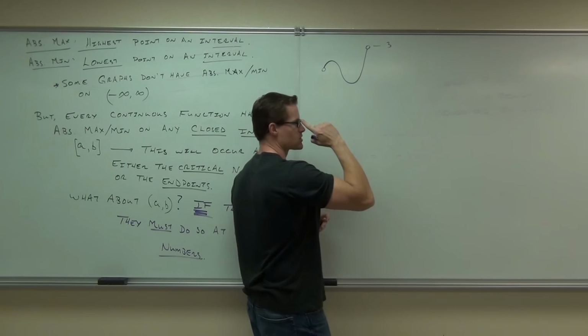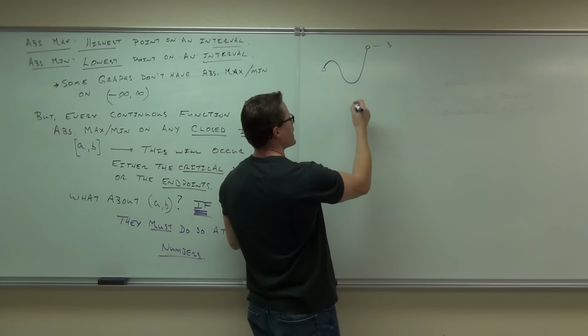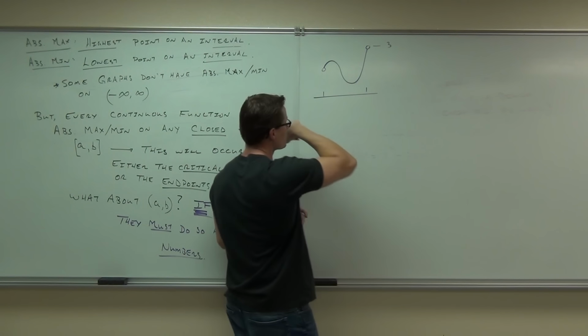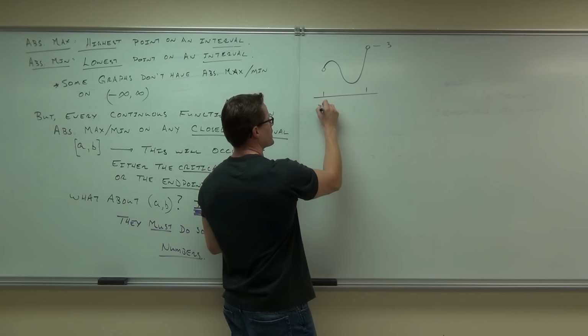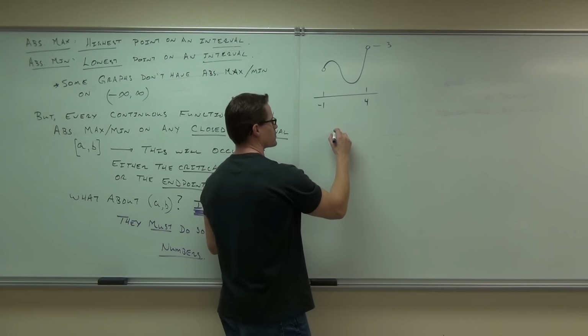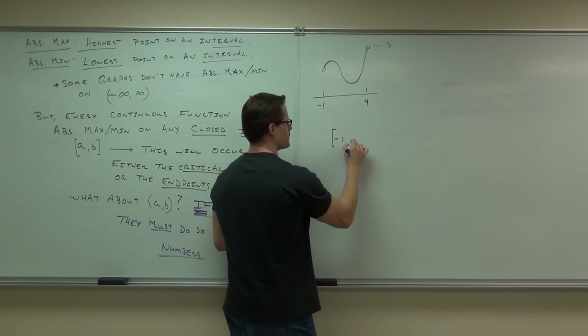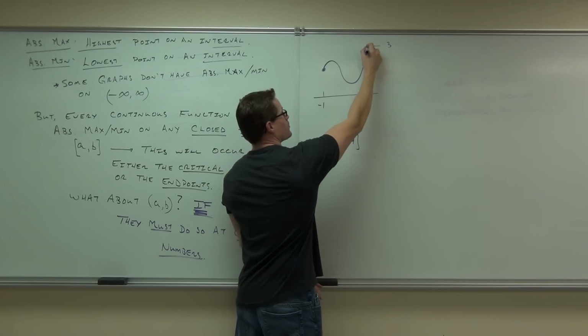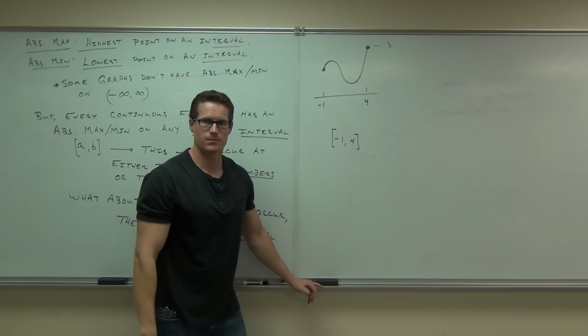So for instance, if I asked you this question, find the absolute max between the interval of -1 to 4. And I ask it to you this way. If it's this way, they're both closed in. You follow me?